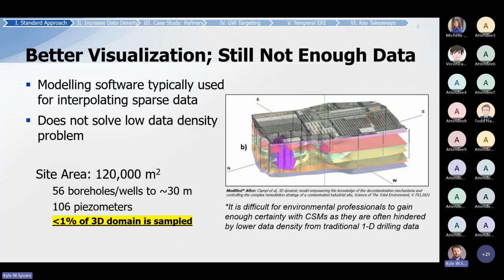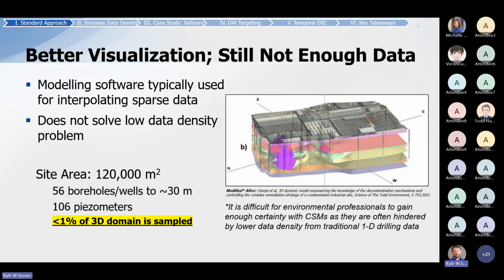If we think about this model here, which is a very good model, this is a great project, with very sound methods and good data quality, and they did see to some extent where the plume was. But if we just think about the raw numbers of a site like this, which is a very traditional, par-for-the-course type of investigation, we have a 120,000 square meter site on the surface. And what we saw when we went down was 56 boreholes, going down to 30 meters, and they had 106 piezometers.